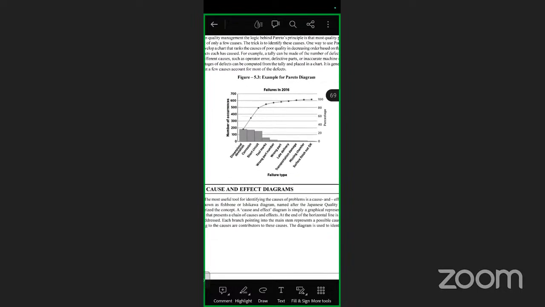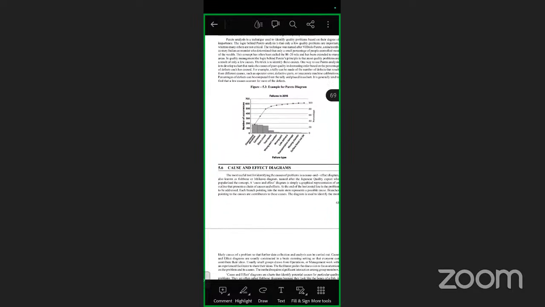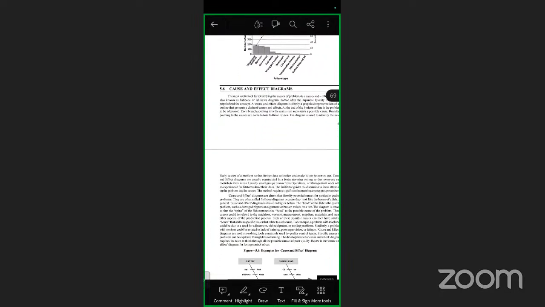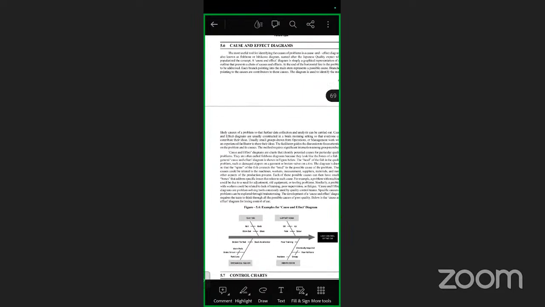You see the causes here: dimensional deviation, corrosion. So this is the Pareto diagram. Next, we'll have the cause and effect diagram.